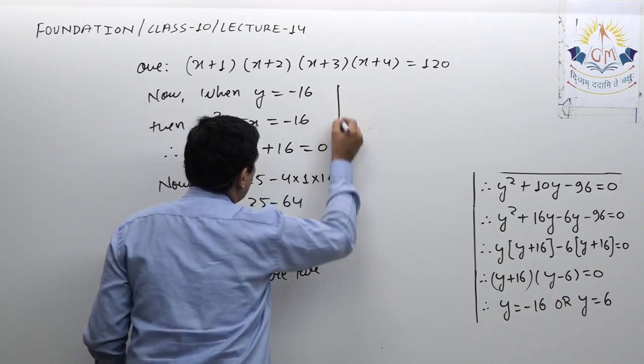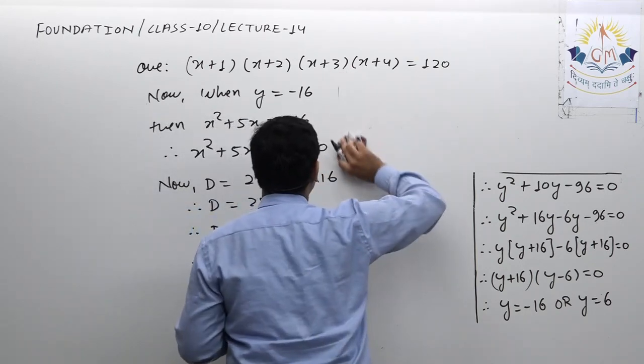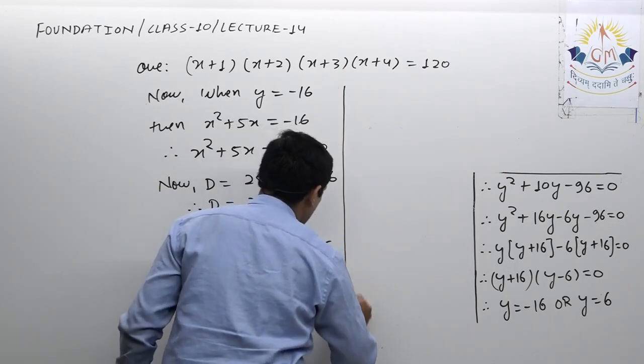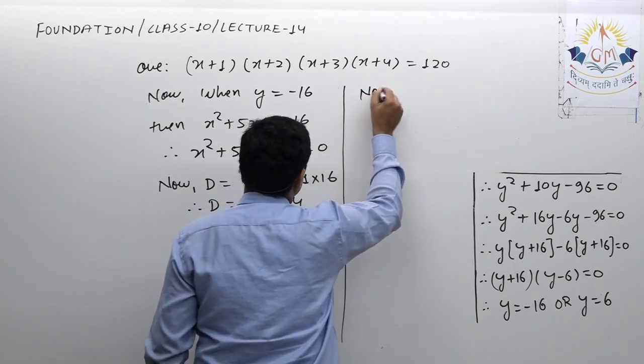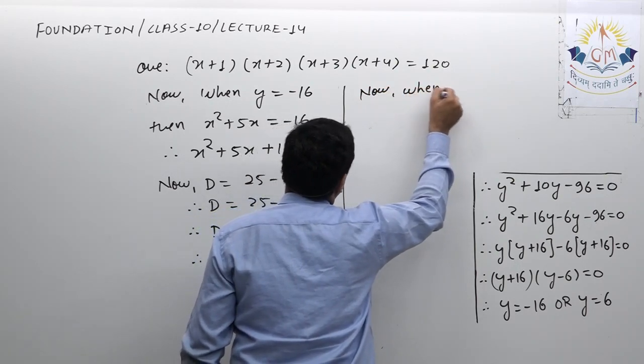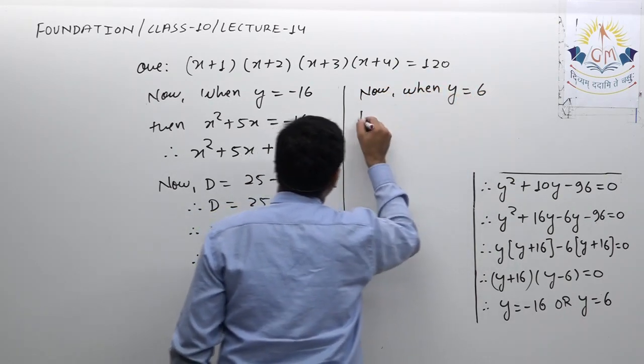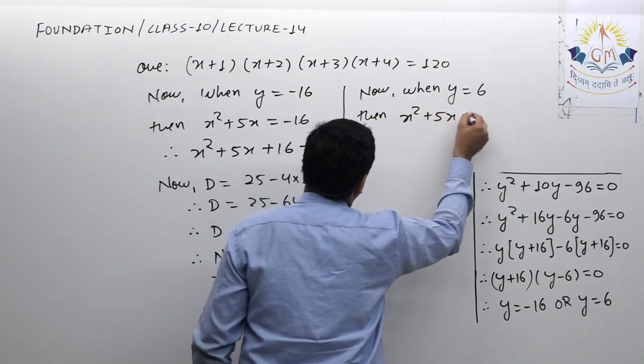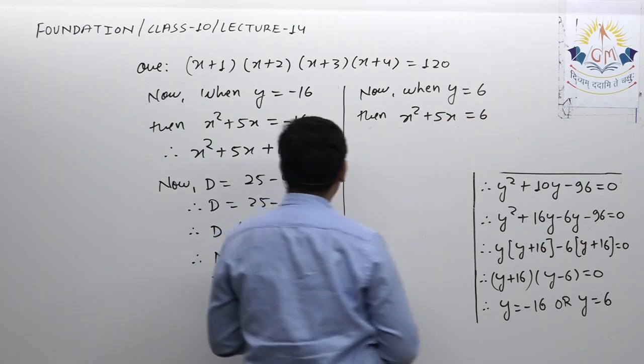Now we'll put the second value of y, that is 6, and then we'll check what we'll get. When y is equal to 6, then I can write x square plus 5x is equal to 6.